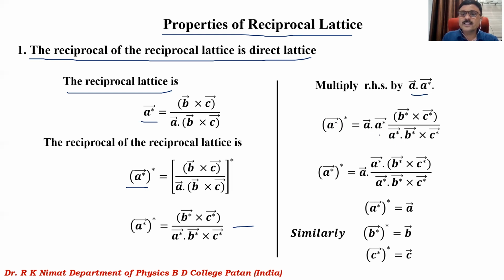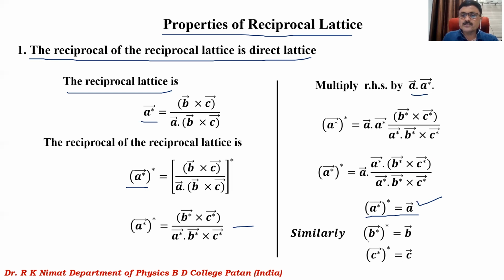So we can take this dot product of A star with this bracketed term, and we can write this as A into vector A star dot vector B star cross vector C star by vector A star dot vector B star cross vector C star. So this will get cancelled, and you will get this as reciprocal of reciprocal lattice vector is nothing but a direct lattice vector. It is very simple to derive.